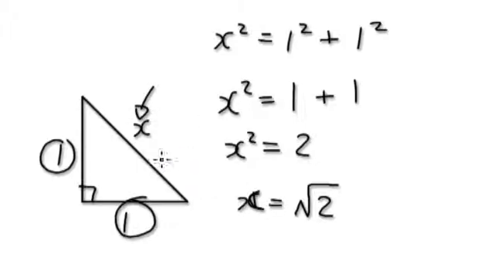Okay, hang on. Let me clear this up. So if this is 1, this is also 1, and then this length here must be square root of 2. And we know that this angle here is 45. This is also 45 degrees. Now look at this here.